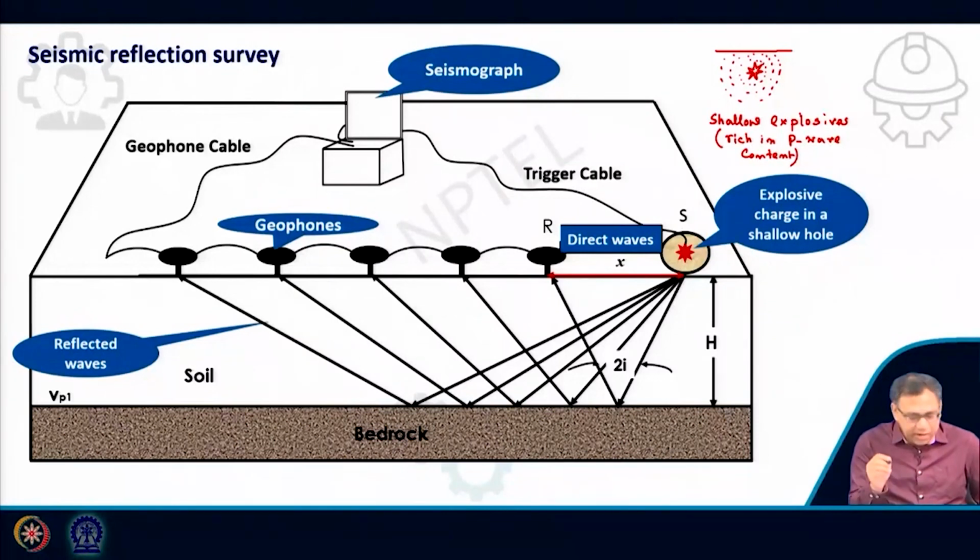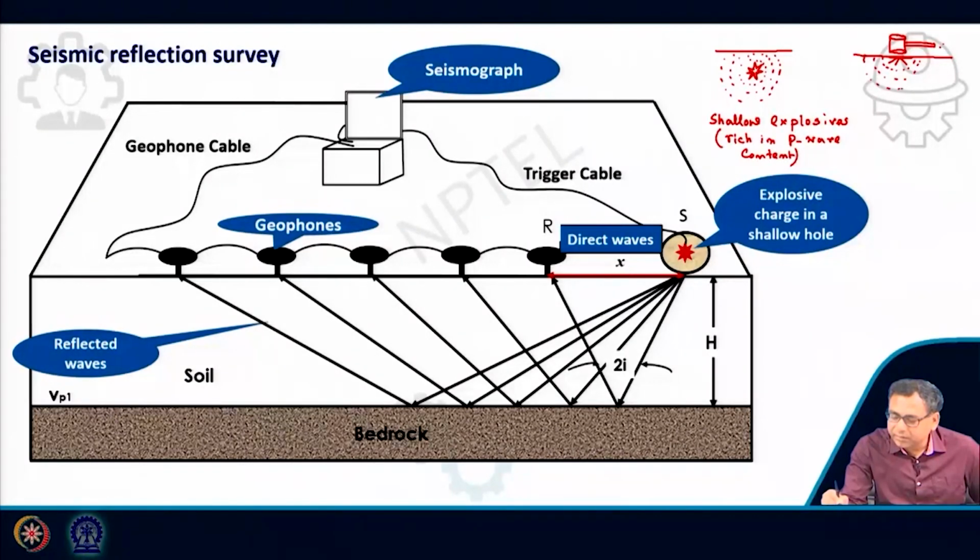Okay. Now, another way we can do that: suppose this is my ground surface and I do a vertical impact by hammer blow. So, we will get a vertical impact on the ground surface and then it will generate waves in different directions. This is my vertical impact.